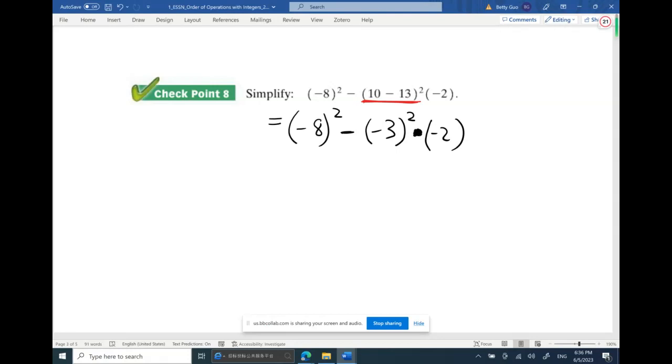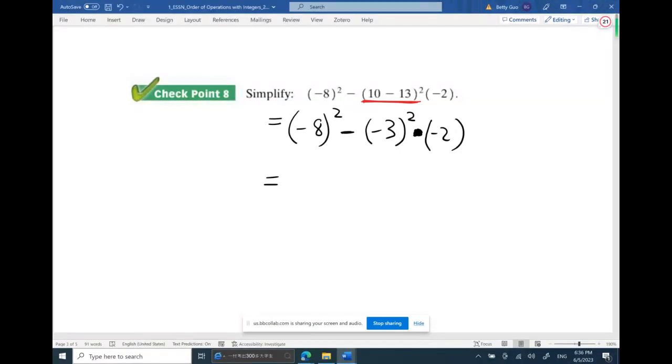Yes. So we have no grouping symbol now, right? We still have 3 sets of parentheses, but they are just to frame negative numbers. PEMDAS, after grouping symbols, we should take care of what?